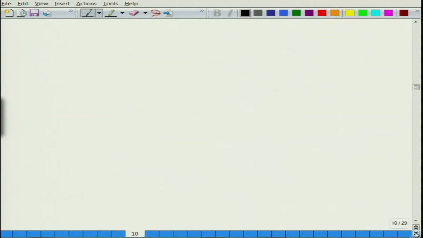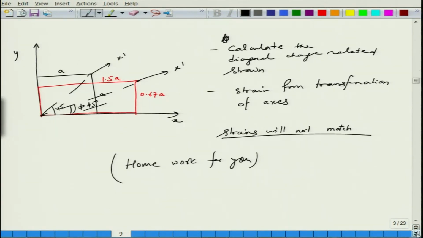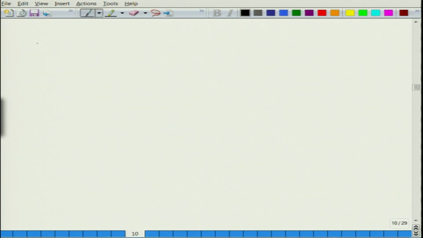So we are nearly at the end of the lecture, so let us summarize. What we have done is looked at the transformation of axis for strain.